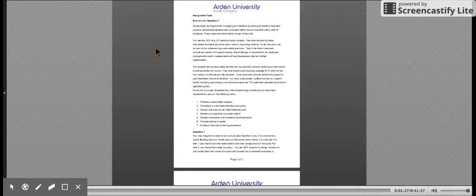What I'm looking for in each case is a very brief definition of what it means, and then what you would need to do in order to address that in the scenario of a hotel complex, given the elements that are provided for you in the question.